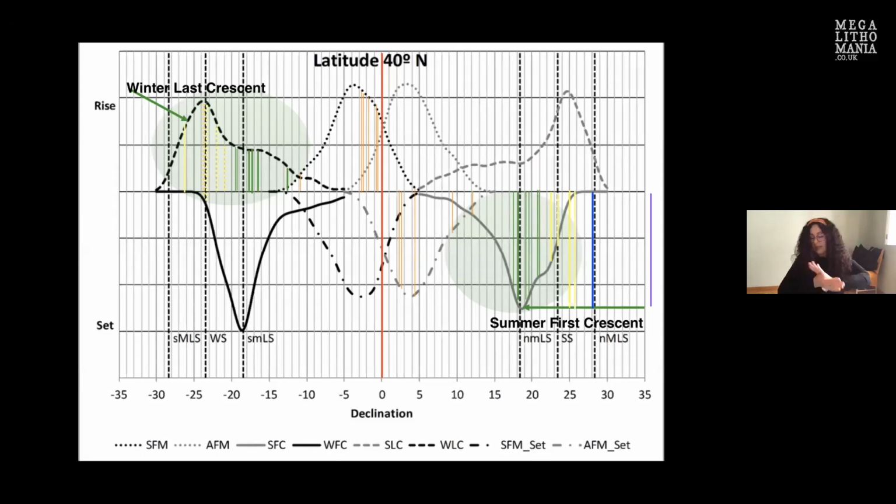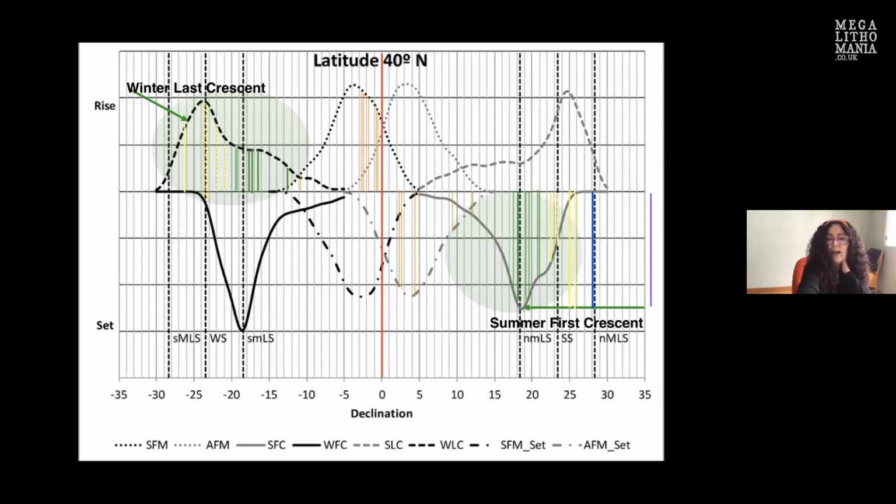Now, without going into this amazing graph in too much detail, because it's a lot of information, let's just look at the word that says set. Can you see the word on the left-hand side that says setting? And I'm running across to where it says SMLS. That's the minor lunar standstill.